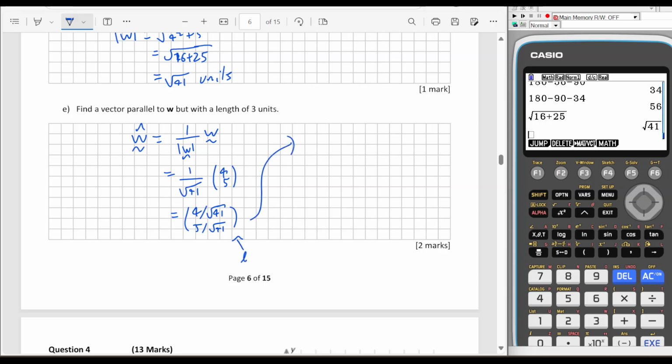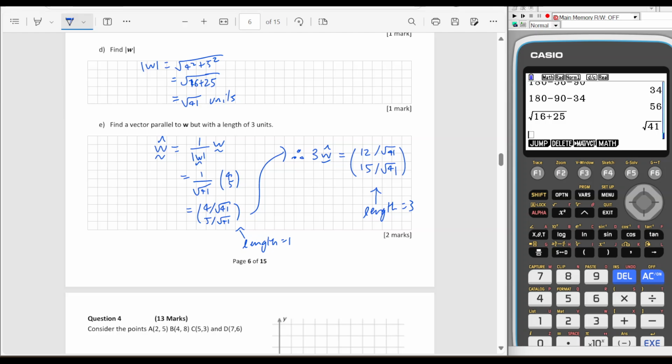So this one here has a length equals 1. So therefore 3W hat is 12 over root 41 and 15 over root 41. This should have a length of 3. So what you do is you scale it down to the unit vector that's got a length of 1, and then you scale it back up to have a length of 3.